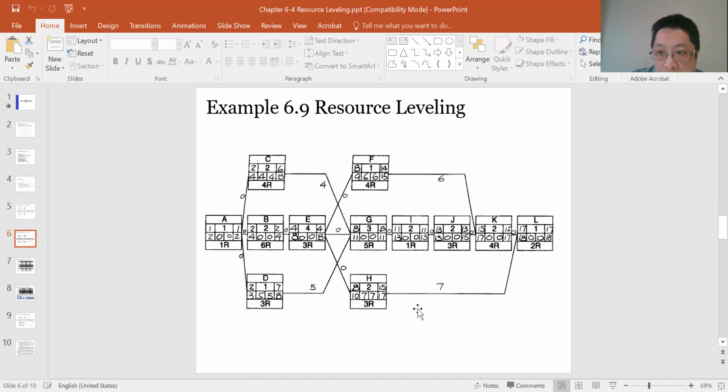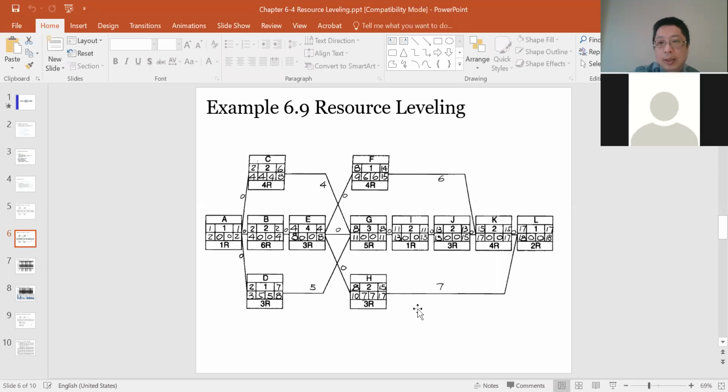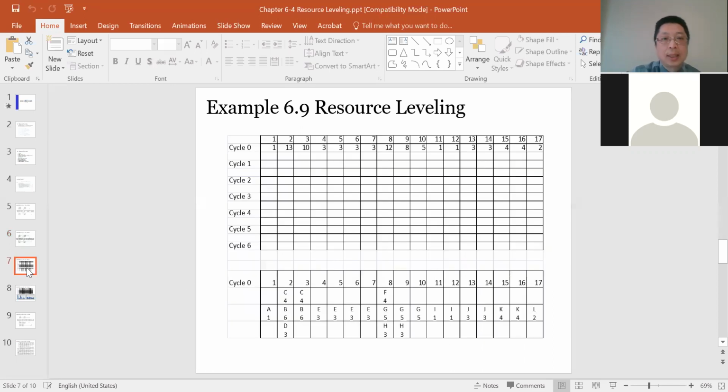So which one should I analyze first? H. H, very good. I need to analyze H first because I want to select the largest late finish. So let's go back here.